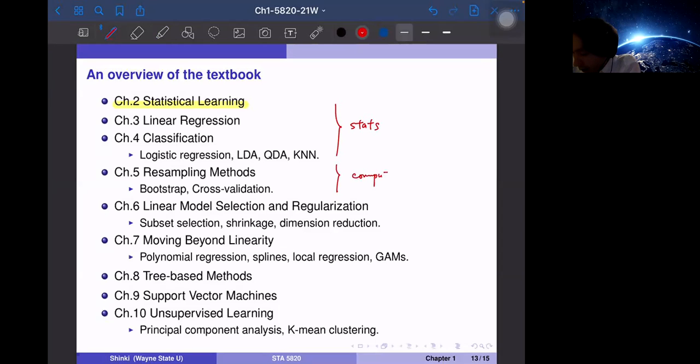Chapters 6 to 9 have more machine learning techniques, and this is supervised learning. And chapter 10 is unsupervised learning.